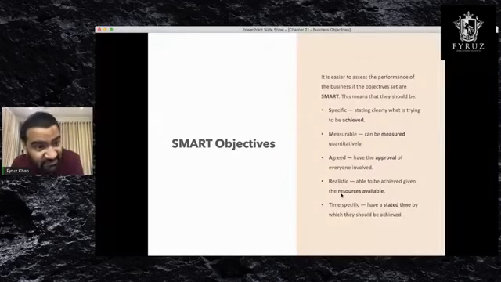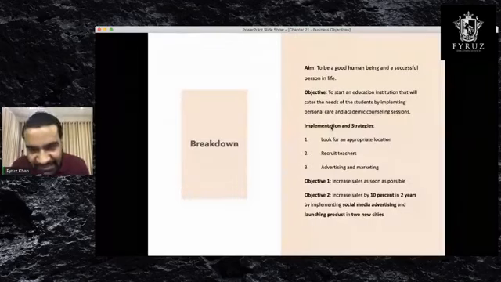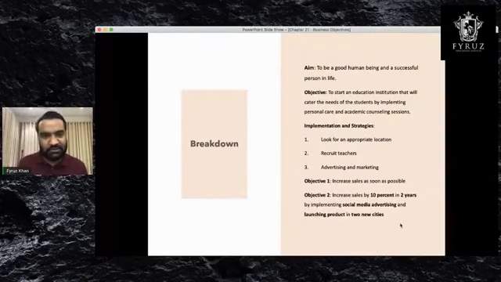You have the resources available. It makes sense. And T is time specific. So that is a SMART objective. When you're creating an objective for your company or your organization, you have to make sure it meets the SMART criteria. So objective one does not follow the SMART criteria.